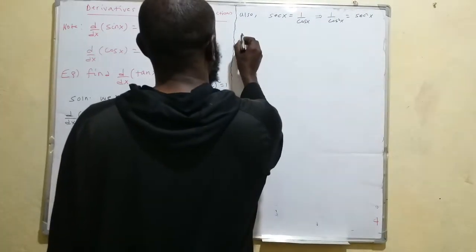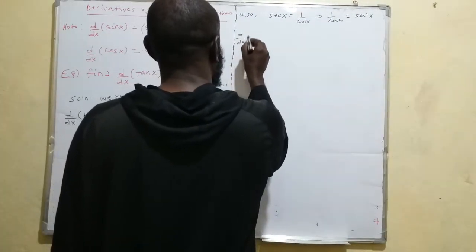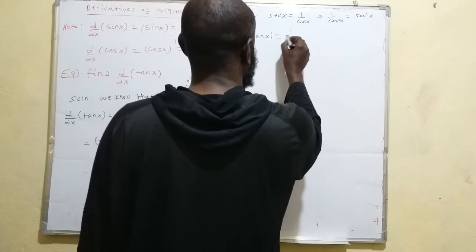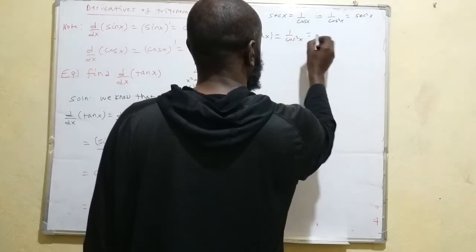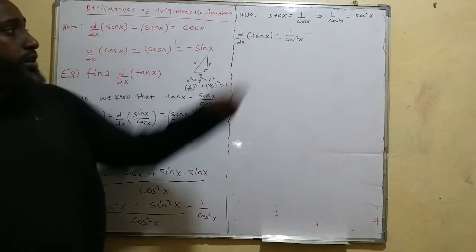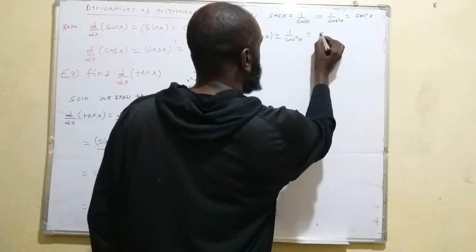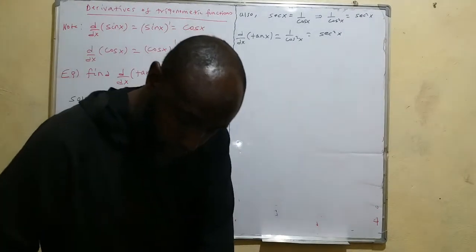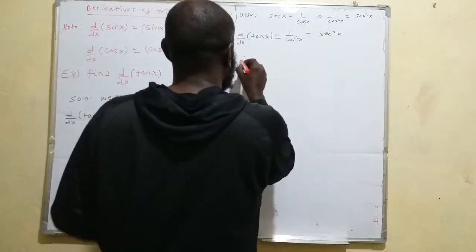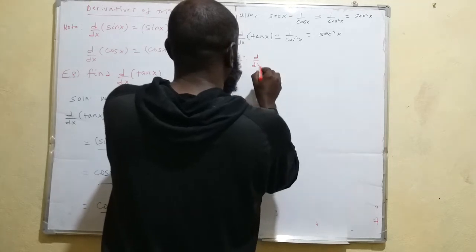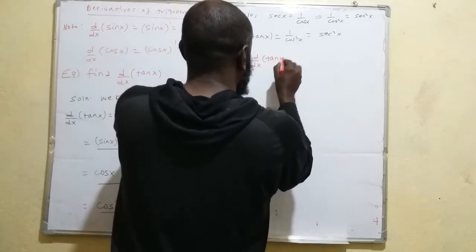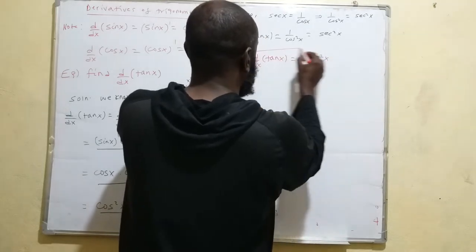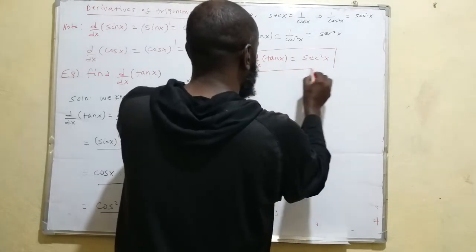Therefore, d by dx of tan x is 1 over cos square x, but 1 over cos square x is nothing but sec square x. So the derivative of tan x is sec square x.